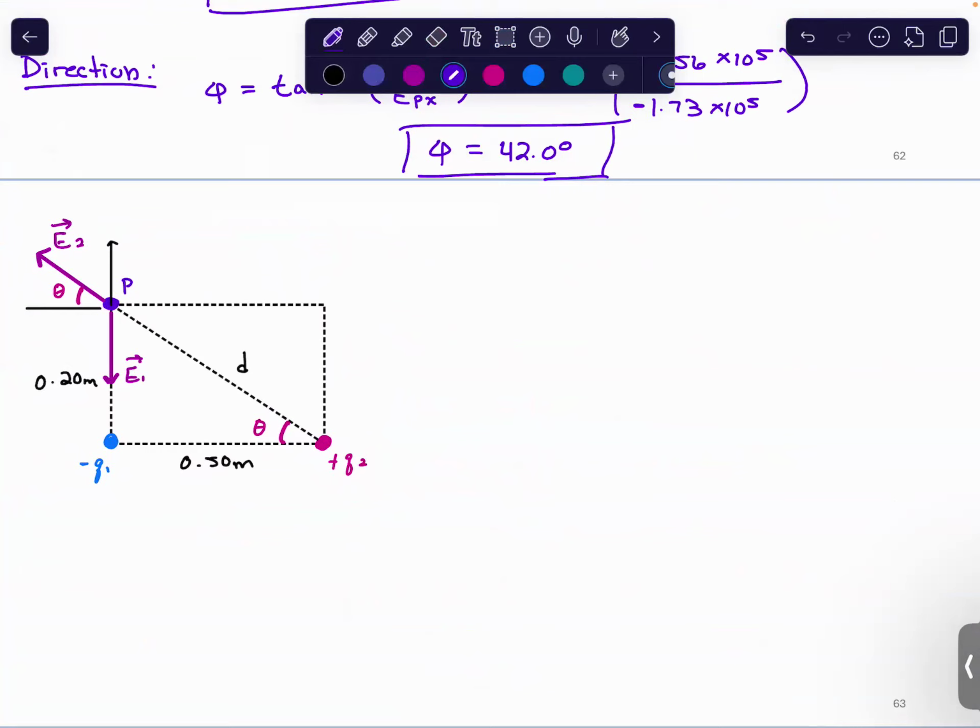And what it would look like is, well, it's close enough. That'd be your angle phi. And that's your electric field at P.